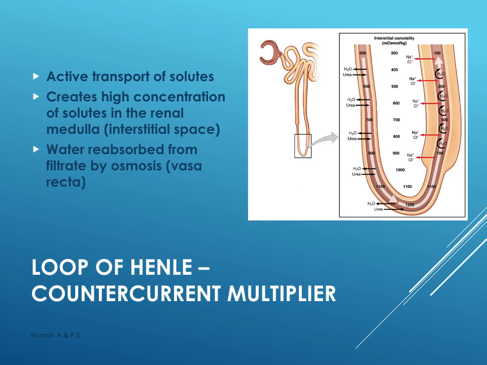Okay, in the nephron loop, there's an interesting thing going on. Remember, the nephron loop goes way down into the renal pyramid and the renal medulla. And here, we form what's called a countercurrent multiplier. As things go down in this loop, water tends to move out by diffusion.